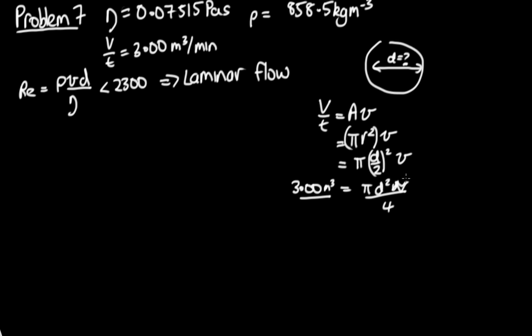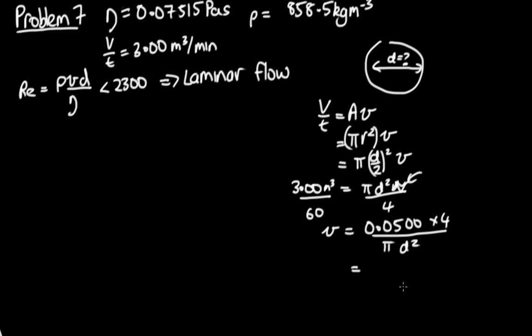So we should put this into seconds so that this velocity is then in meters per second as well. So in 1 minute there's 60 seconds. So we divide that by 60 like that. And so this tells us, rearranging it to get the velocity here as the subject, the velocity is equal to, this whole side is 0.05, so this is 0.0500 times the 4 divided by the pi d squared.